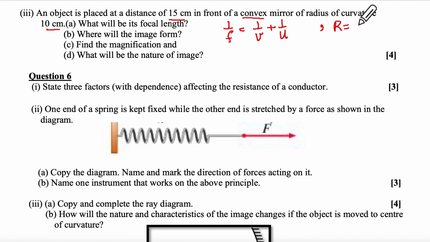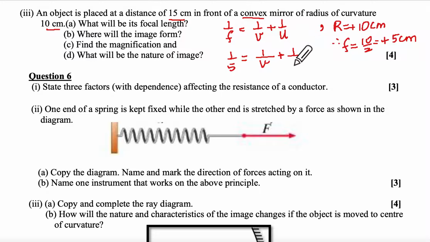So now tell me, what is the radius of curvature given? R is equal to 10 centimeter and it is convex, so it will be that side, so plus. Therefore focal length will be equal to 5 centimeter. Please write plus 5 centimeter. Okay, so 1 upon 5 equal to 1 upon V plus 1 upon minus 15, correct?